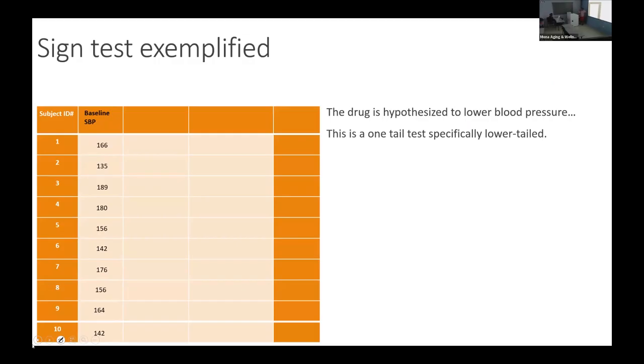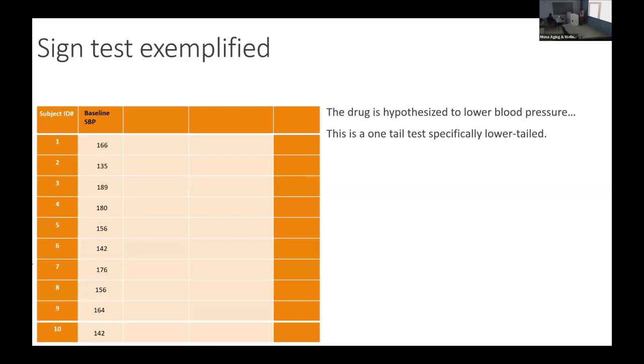Specifically, it's a lower-tailed test. So we have 10 subjects in this example. Subject ID number, first column, subjects 1 to 10. And then we have the baseline reading. So before administering the drug, we took the person's blood pressure and recorded the systolic blood pressure. So that's what SBP means, systolic blood pressure.